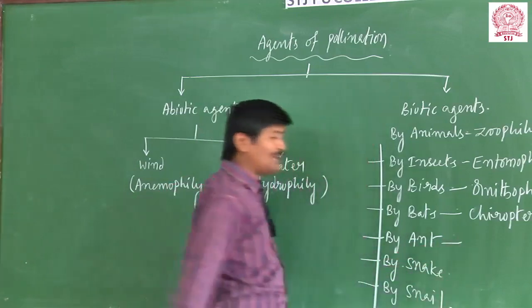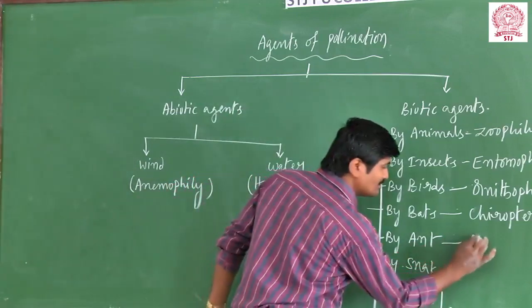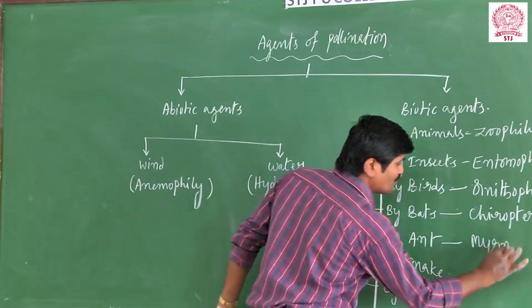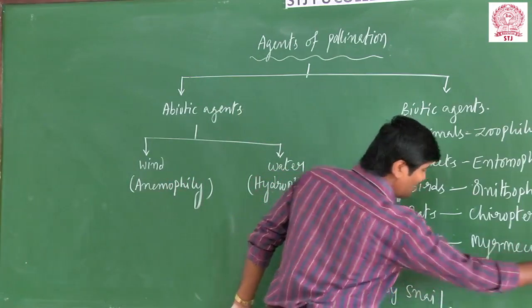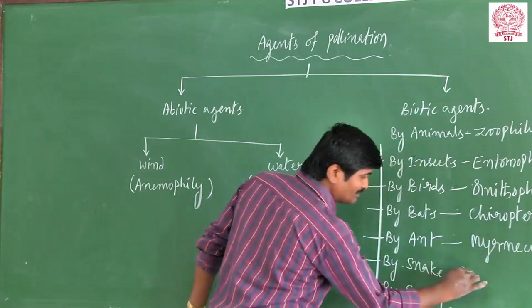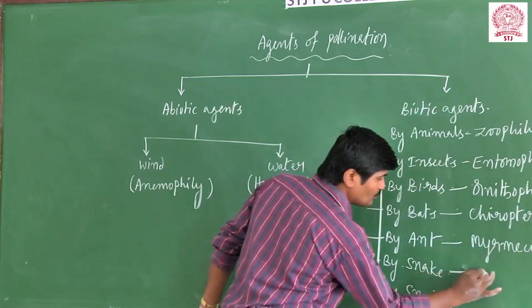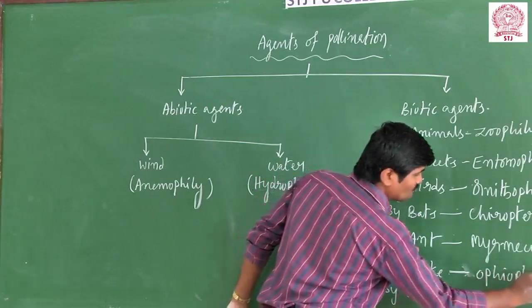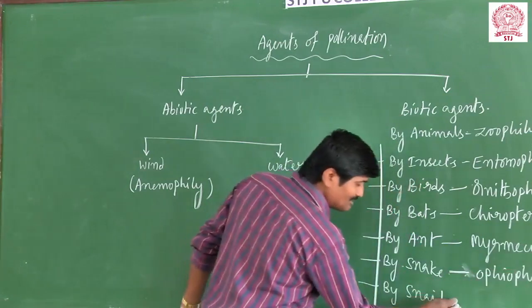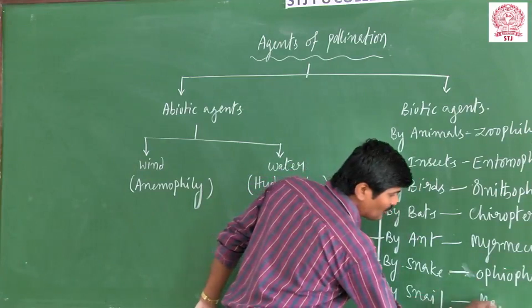When the pollination is by the ant, myrmecophily. When the pollination is by the snake, ophiophily.